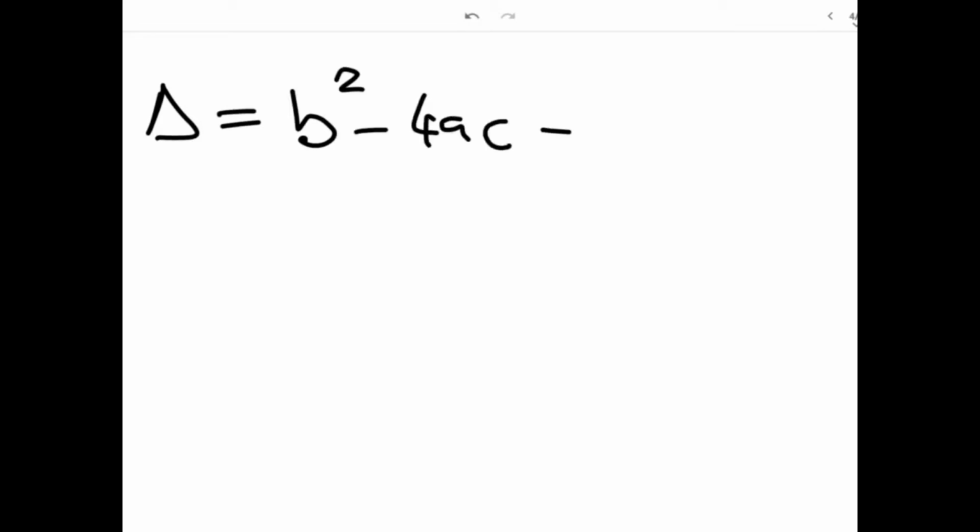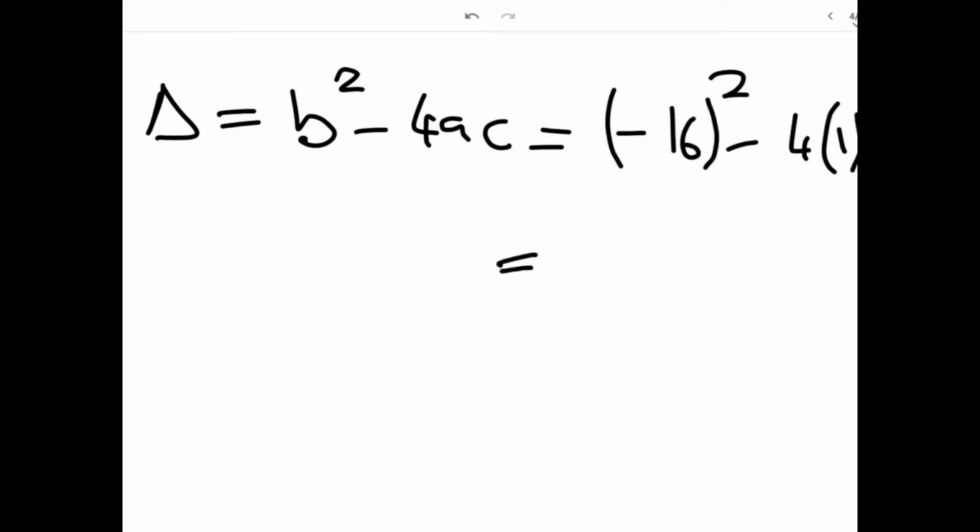And then now you have delta, which is B squared minus 4AC, and B is minus 16, minus 4 times 1 times 32, which will give you 128.